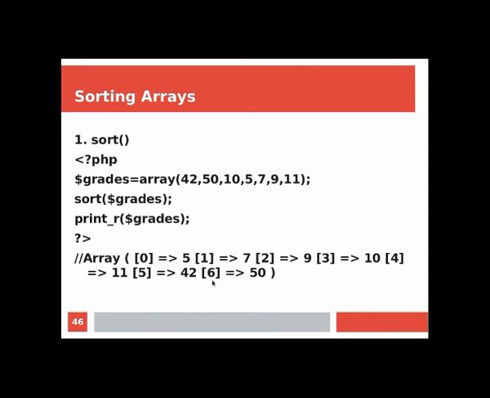That's why $grades, which is an array variable having the values, will be printed in array fashion, and hence the output is Array([0] => 5 [1] => 7 [2] => 9 [3] => 10 [4] => 11 [5] => 42 [6] => 50).